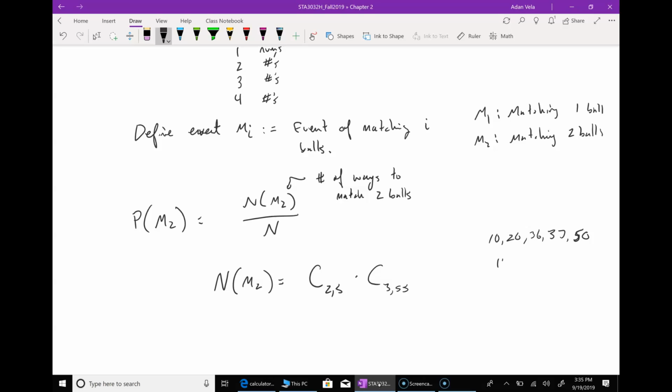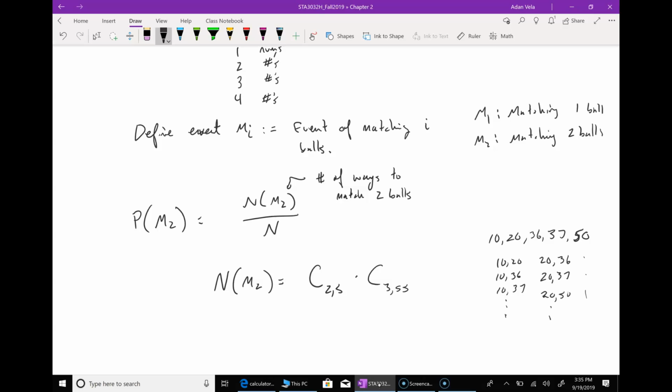It could be maybe 10 and 20 match, 10 and 36 match, 10 and 37 match, right? Or maybe it's 20 and 36, 20 and 37, 20 and 50. We can go through all the different ways that 2 of the numbers are selected to match. But I still require 3 numbers do not match at all.